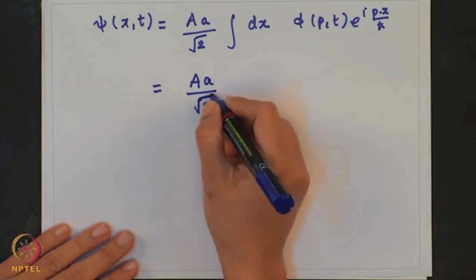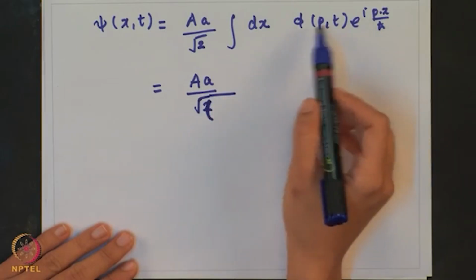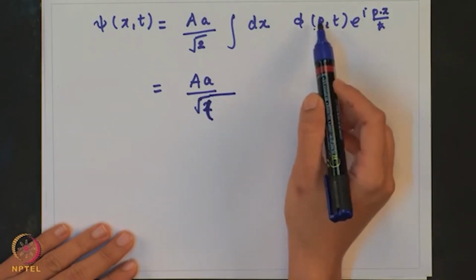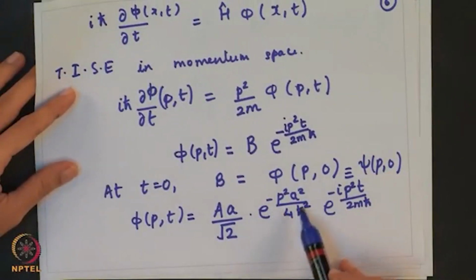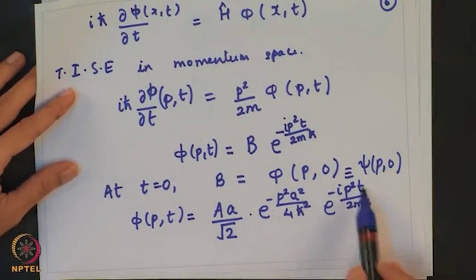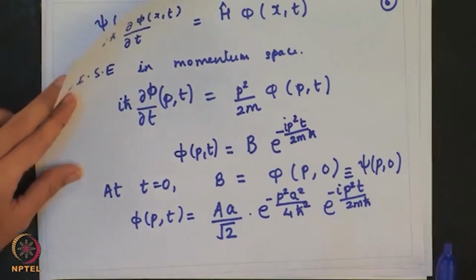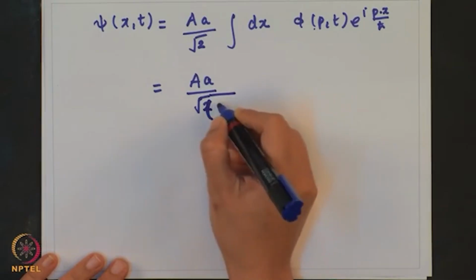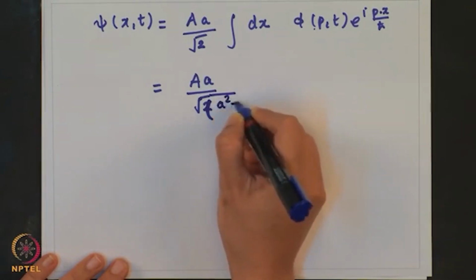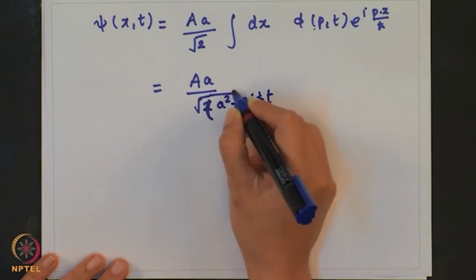let me write it here. From this I will get the p square a square term, and this term, minus p square a square upon 4 h cross square, and this term. On integrating out this term, one can finally obtain a square plus 2 i h cross t upon m.